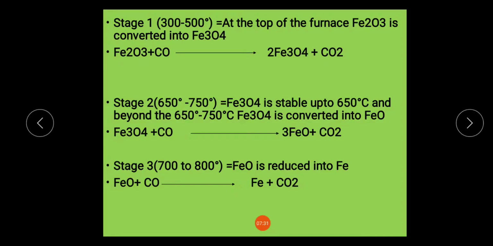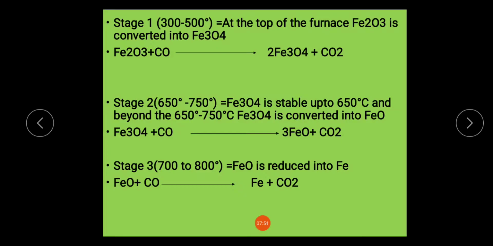At this region a reaction takes place. Such reaction is ferric oxide reacted with carbon monoxide to form ferroso-ferric oxide and carbon dioxide.